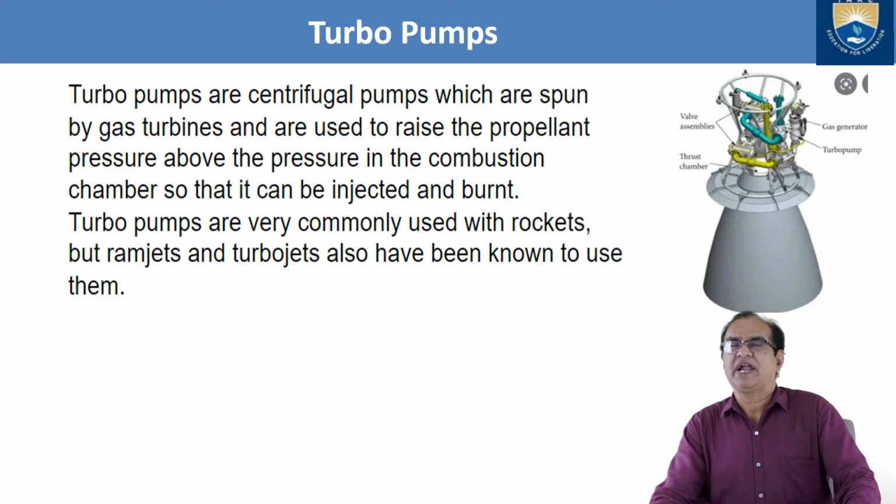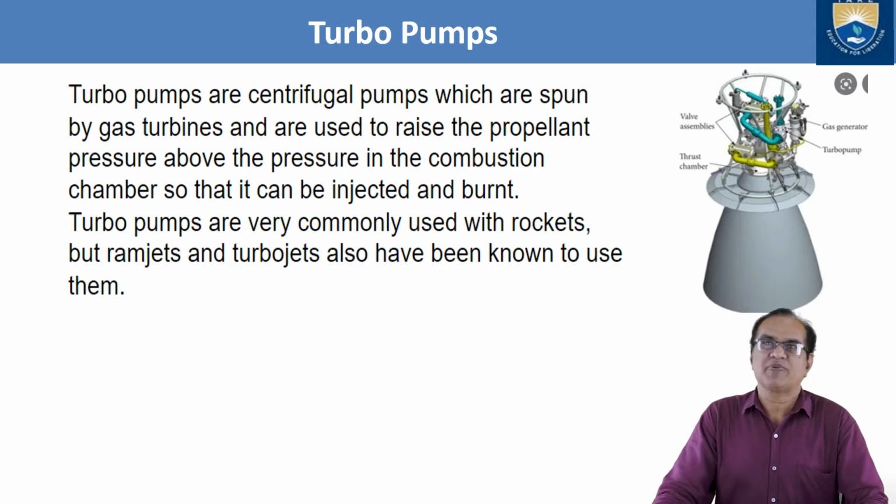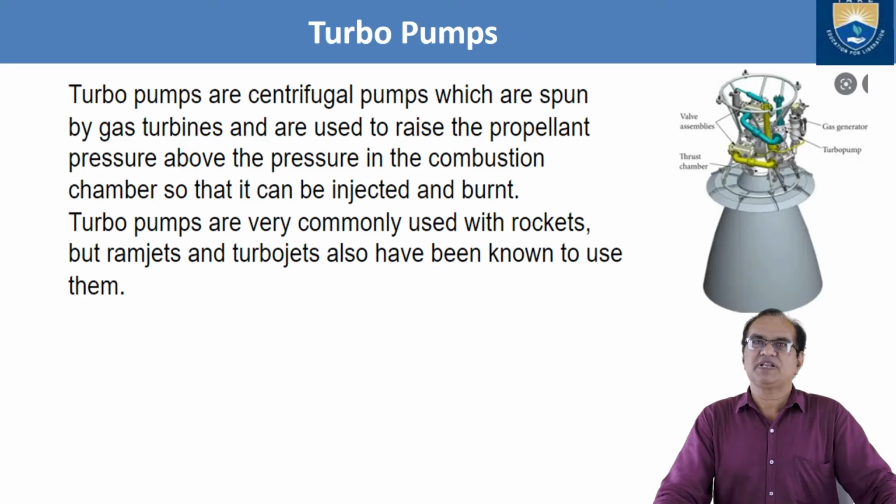Next, we have the turbo pumps. These turbo pumps are used for rockets and missiles. For space propulsion, we use these turbo pumps. Turbo pumps are centrifugal pumps which are spun by the gas turbine and are used to raise the propellant pressure above the pressure in the combustion chamber so that it can be injected and burned.